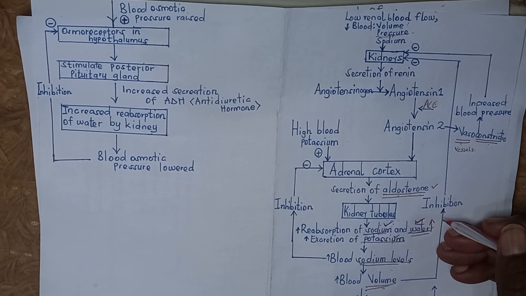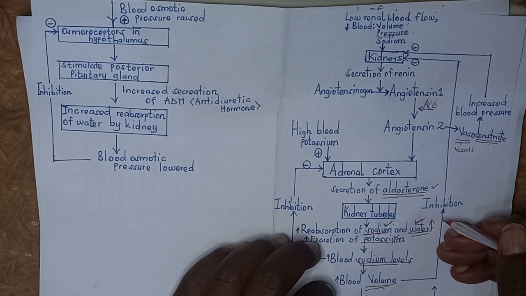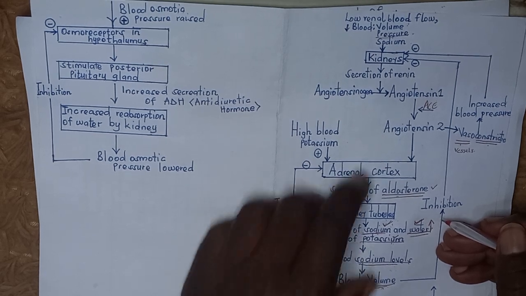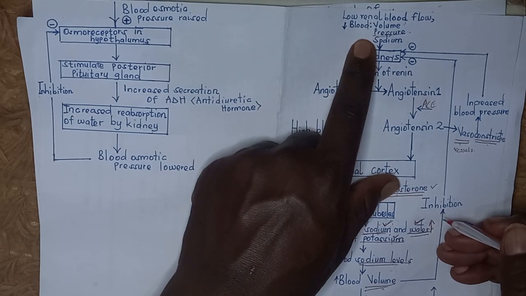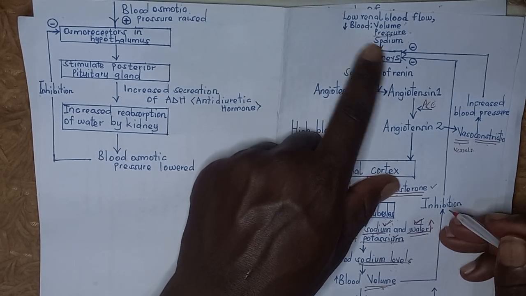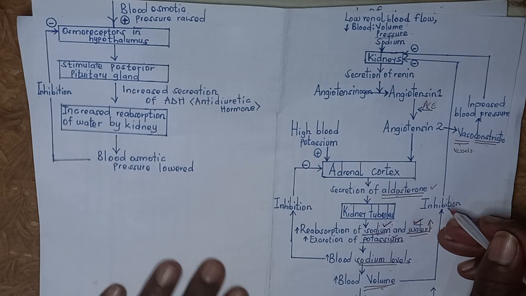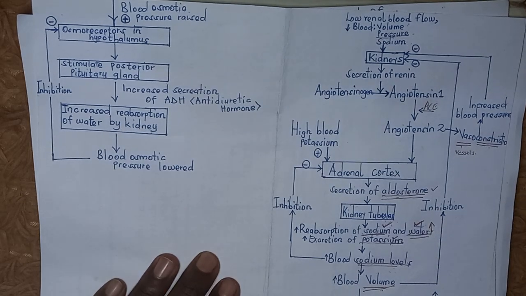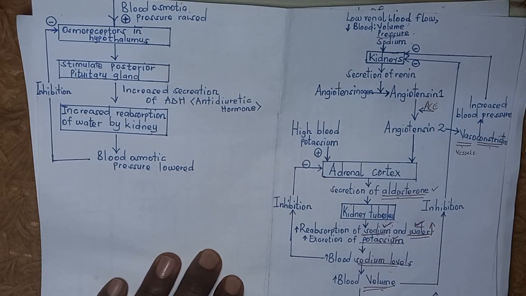So hypervolemia increases blood pressure, which is directly proportional. An increase in volume increases the blood pressure. So here there will be a blood pressure increase, and by that there will be correction of that.